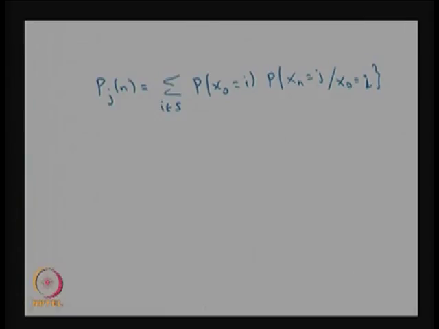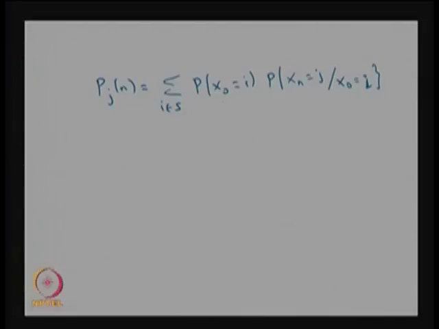This is the product of one marginal distribution and one conditional distribution for all possible values of i, which gives the distribution of X_n. To compute it, you need the n step transition probability as well as the initial distribution vector, or the distribution of X_0.